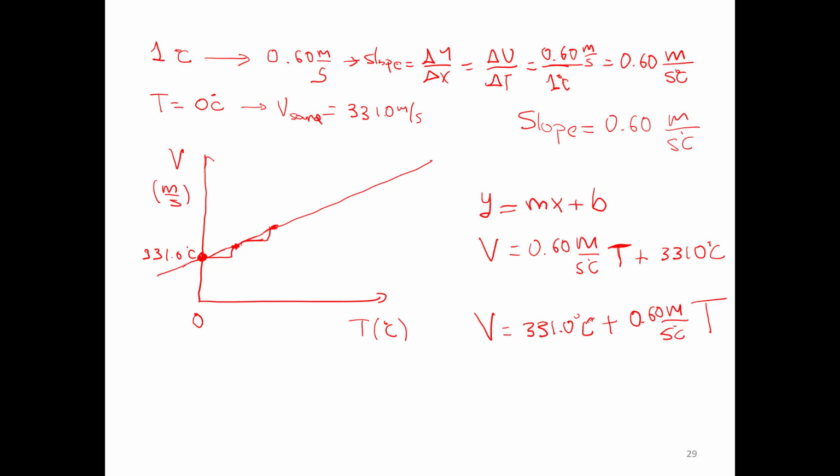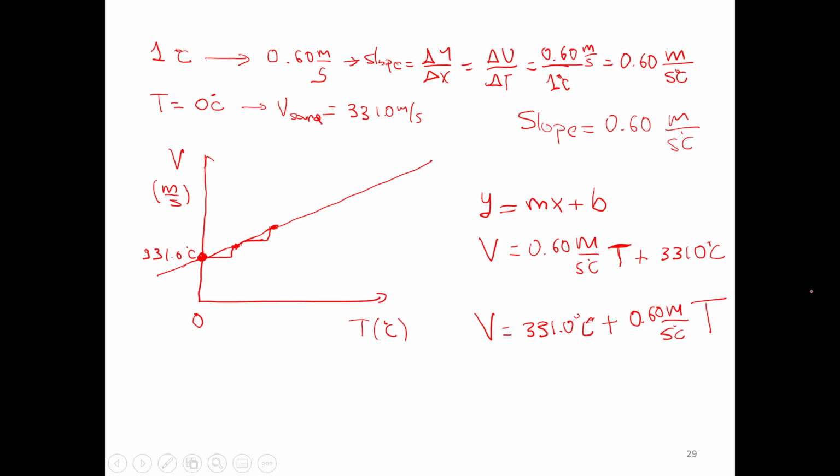Using this equation, you can calculate the velocity of the sound at any temperature. If the temperature is 20 degrees Celsius, you just multiply 0.6 by 20 and add 331, and you will get the velocity of the sound at this particular temperature.